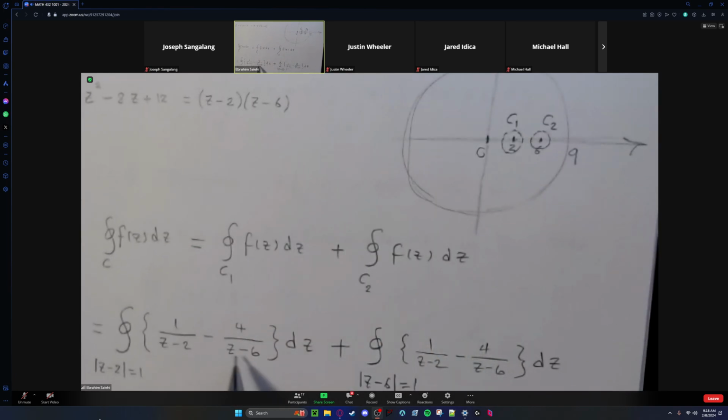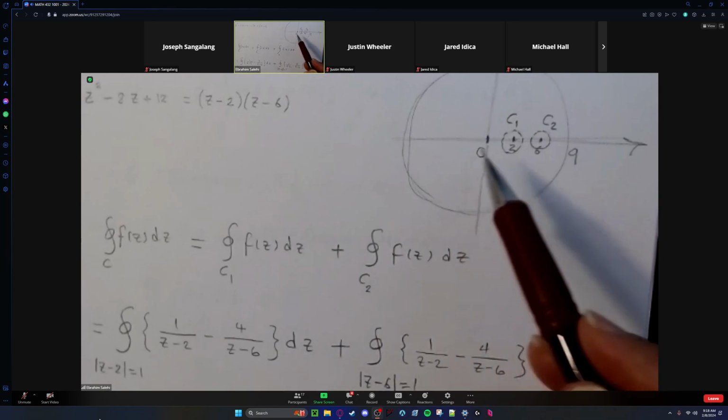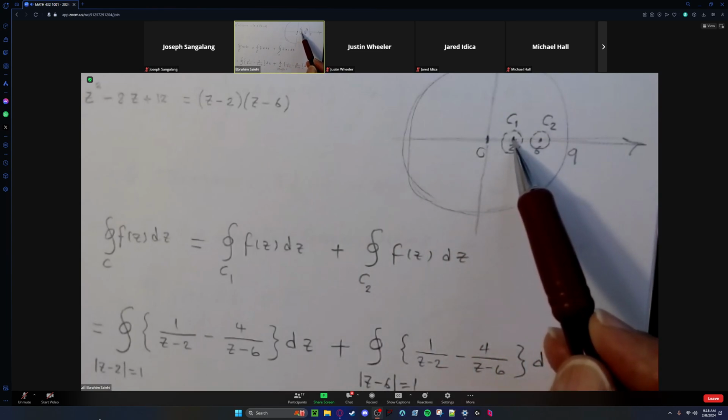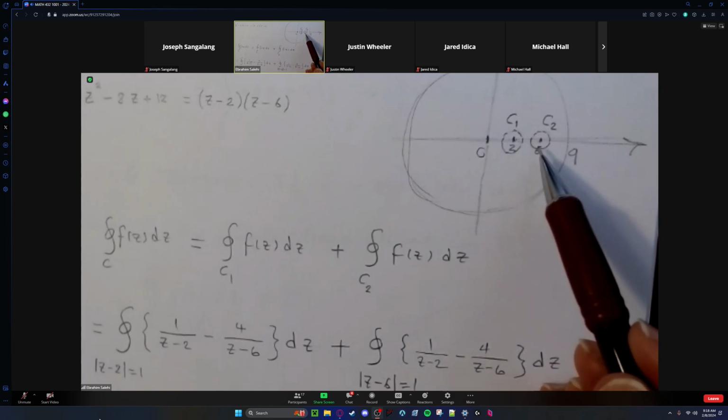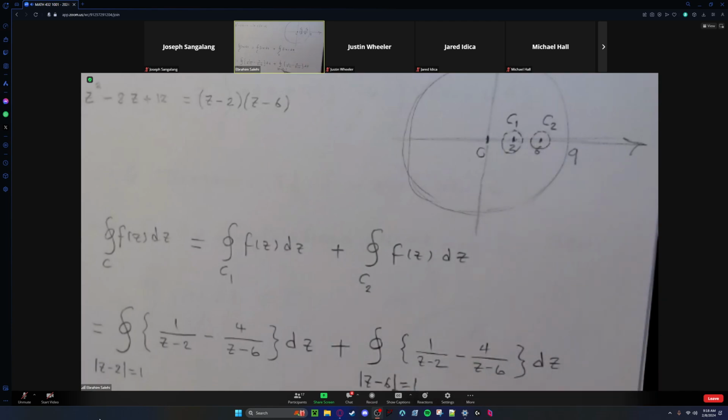So this is f of z after doing the partial fraction. Well, let's do one at a time. So you are going to integrate over the unit circle centered at 2 and the unit circle centered at 6.